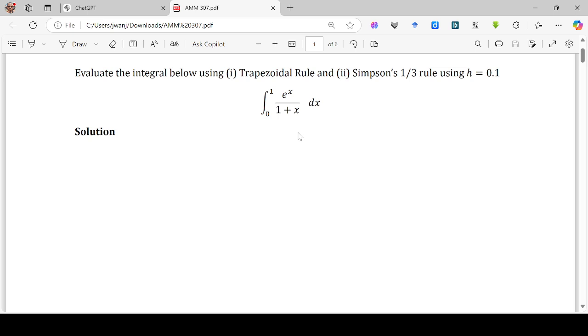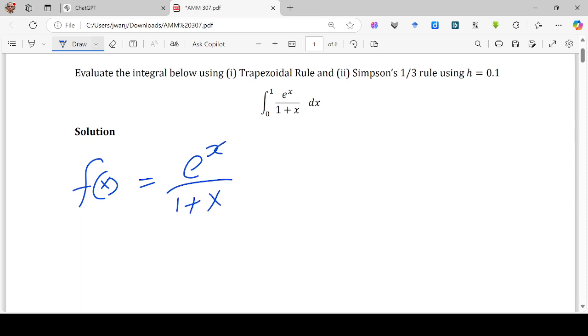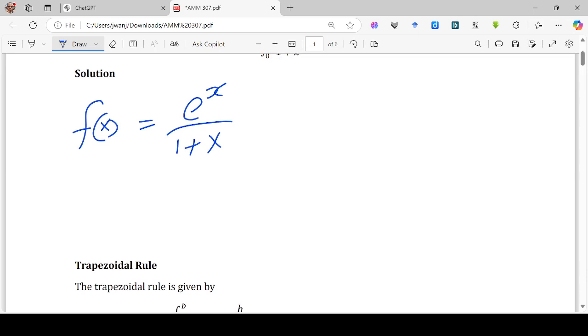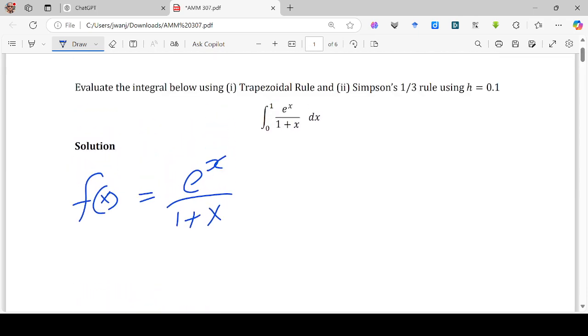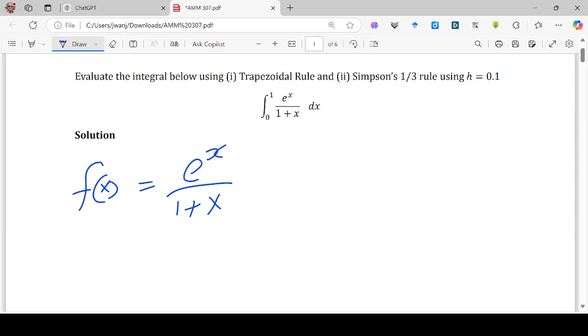rule. So we first recognize that we have a function which is given by e raised to power x divided by 1 plus x. So whether we want to use the trapezoidal or Simpson's rule, the first step would be to tabulate this function in the interval between 0 to 1 using the steps of 0.1.